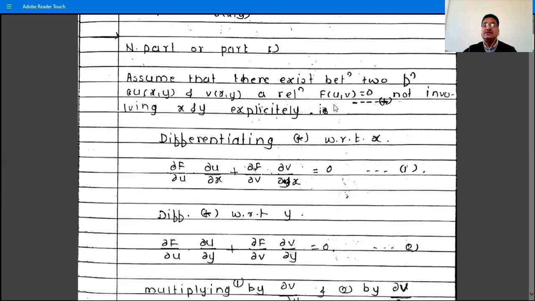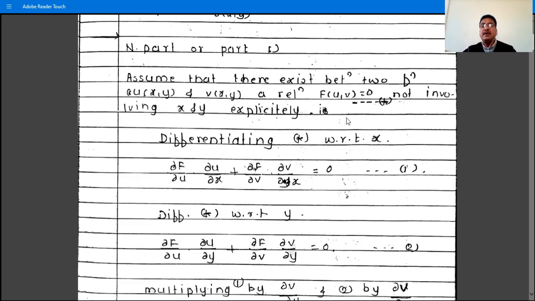Then differentiating this equation f(u,v) with respect to x, what do we have? ∂f/∂u ∂u/∂x by the chain rule. Now f is a function of u and v, and u and v are functions of x and y, and that's why f is a composite function of x and y.